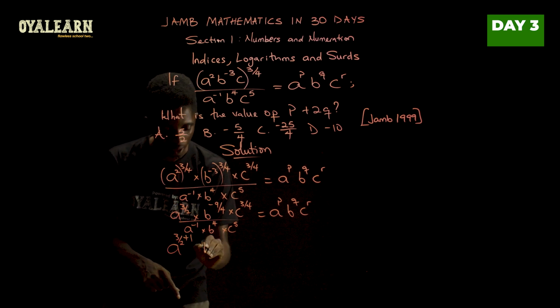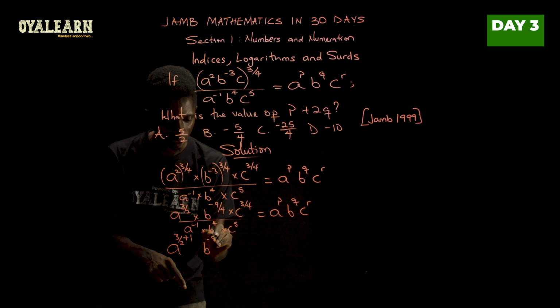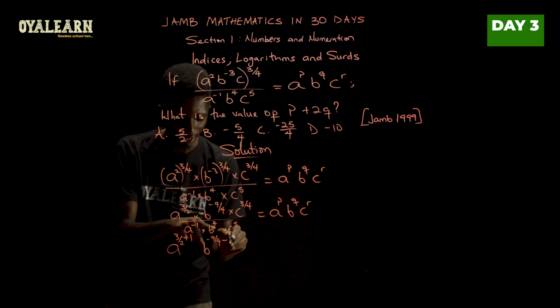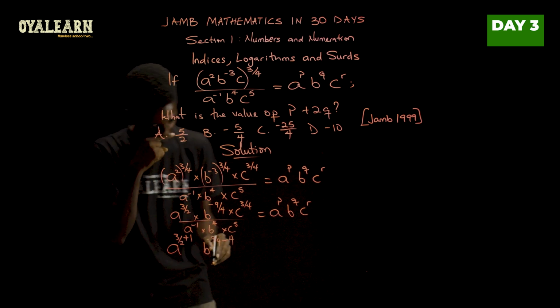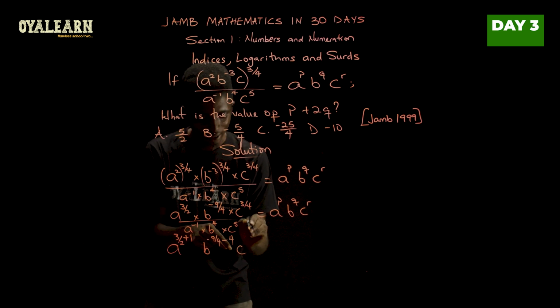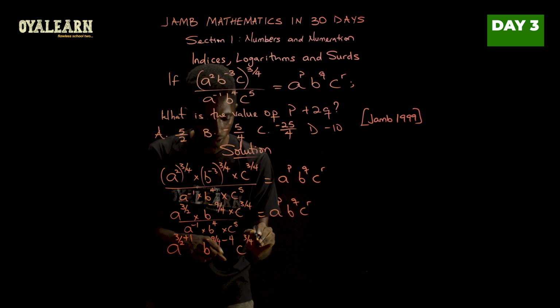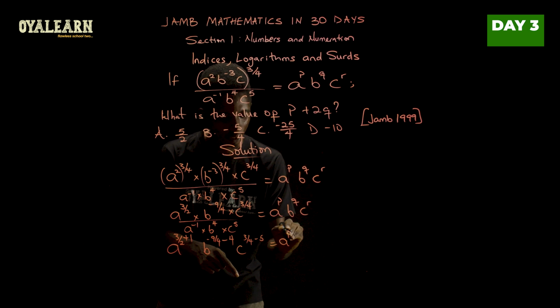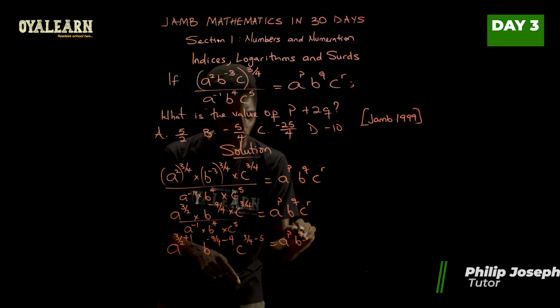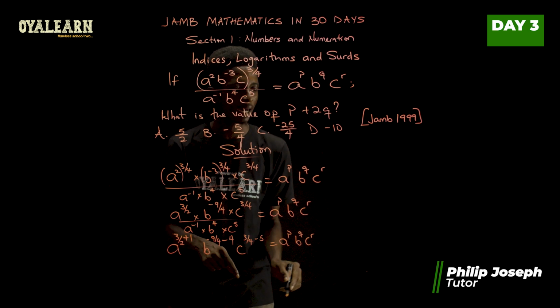And then for b, we would have b to the power minus 9 over 4, then minus the power for the denominator here, which is 4. And then c, 3 over 4 minus 5. All of this is a power of p, b power of q, c power of r.